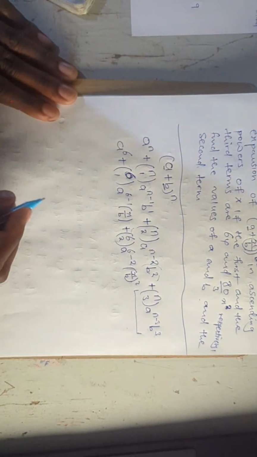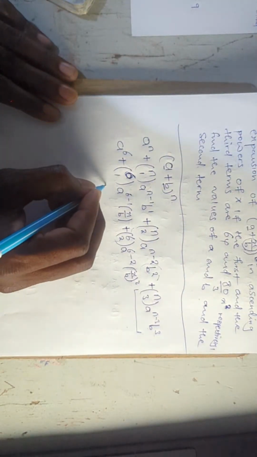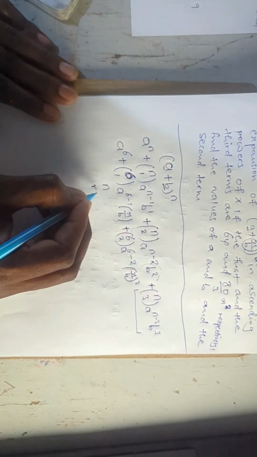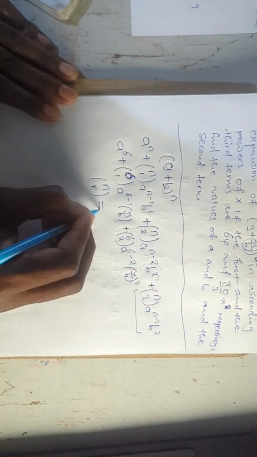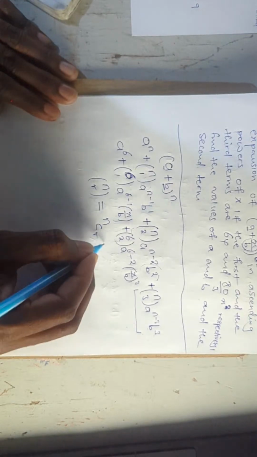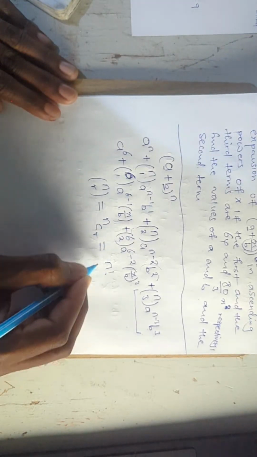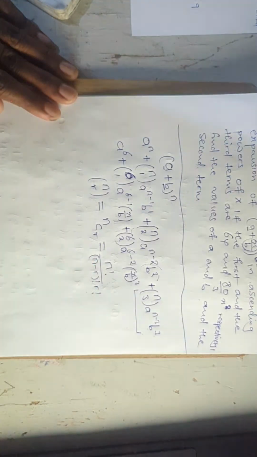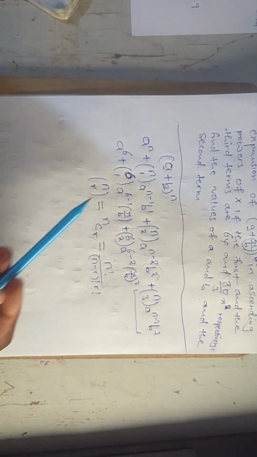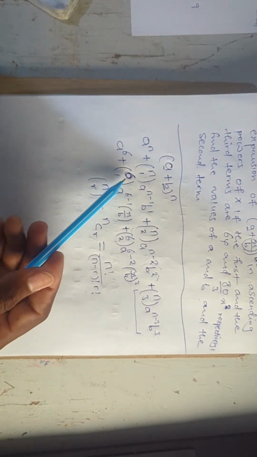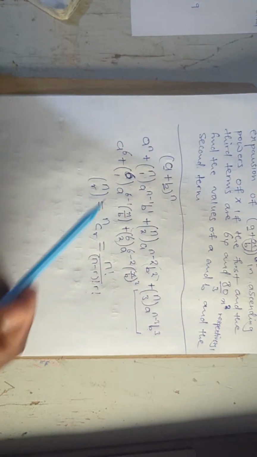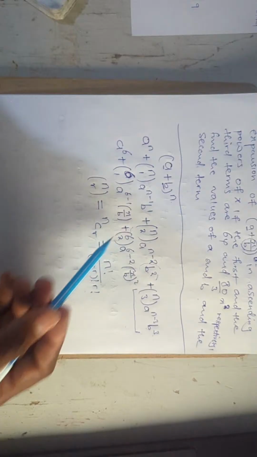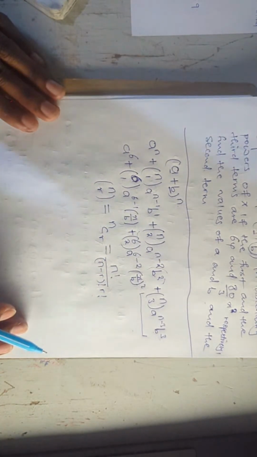When we try to proceed, I believe you still remember what I said. If you have n r, n r is the same as n combination of r, which is equal to n factorial over n minus r factorial, r factorial. For us to come up with the answer for this part, we'll always be expressing it in that same way. Before we proceed, let's start with the same parts.